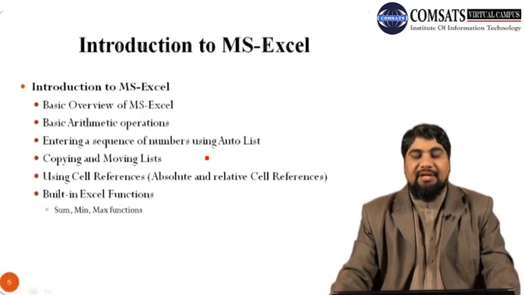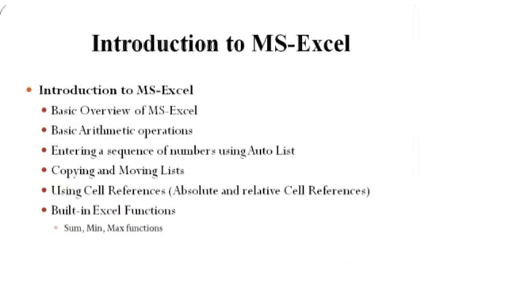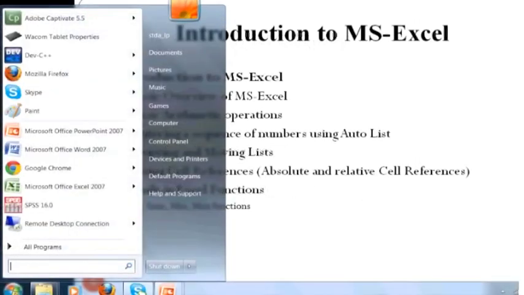So first I will give you a brief overview of the Microsoft Excel software package, the introduction to the basic environment, basic windows, and the overall view of Excel. So let us start the Microsoft Excel program. In order to start Microsoft Excel, go to the Start button. So here is the Start button, click on this.